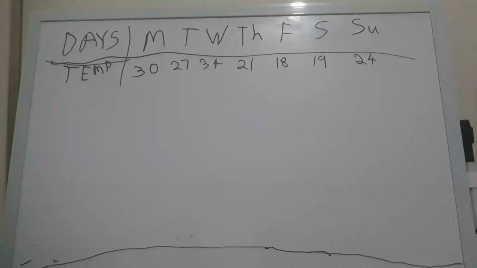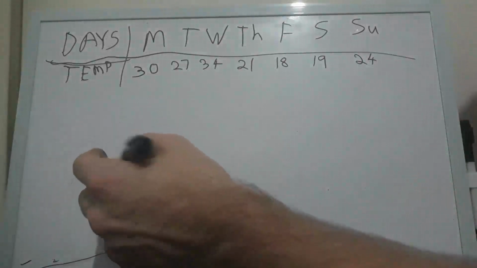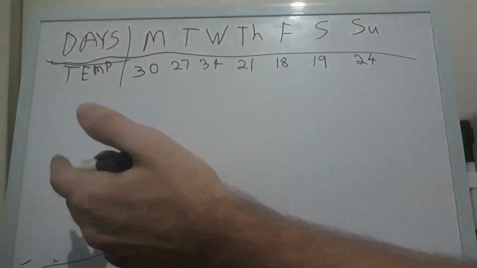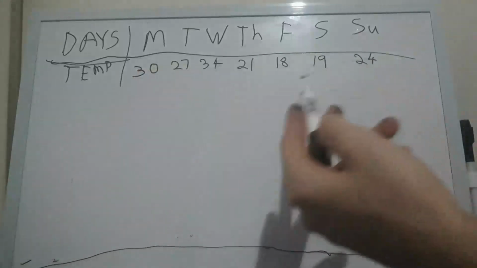What we're going to do is 3 mean smoothing, 5 mean smoothing, and 2 and 4 mean smoothing with centering. So you may find a question that asks for this. 3 mean smoothing means they want you to find the average of 3 data points, in this case days.